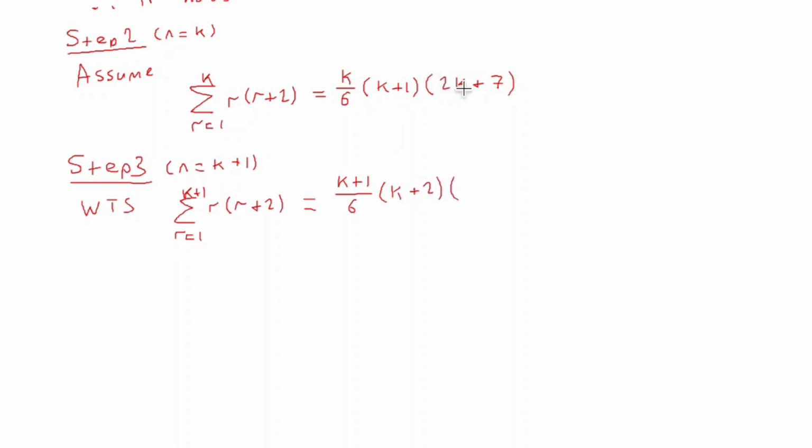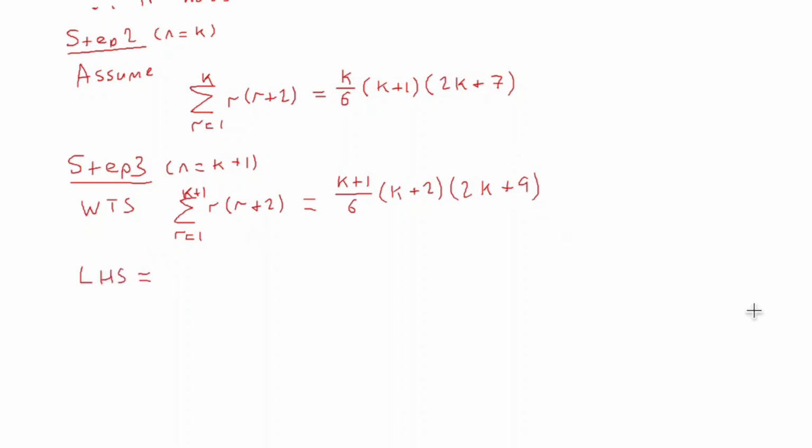And 2k plus 7, well, replacing the k with k plus 1 is 2(k plus 1) plus 7, but that simplifies to 2k plus 2 plus 7, which is 2k plus 9. So I'm just going to write that down as 2k plus 9 in the simplified form.